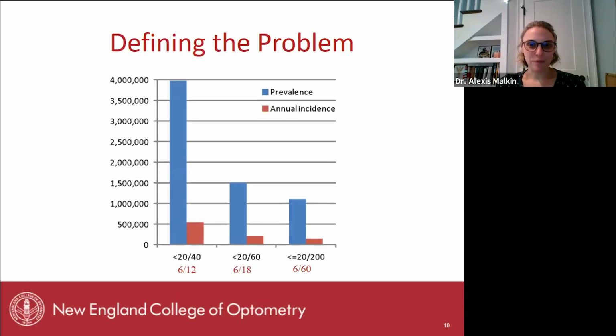The smallest group is those who are worse than 20/200. This isn't to say that we don't want to treat those people who are worse than 20/200. It's just kind of re-emphasizing the importance of asking functional questions in the patients who you think maybe would be doing fine at 20/40, 20/50, 20/60.